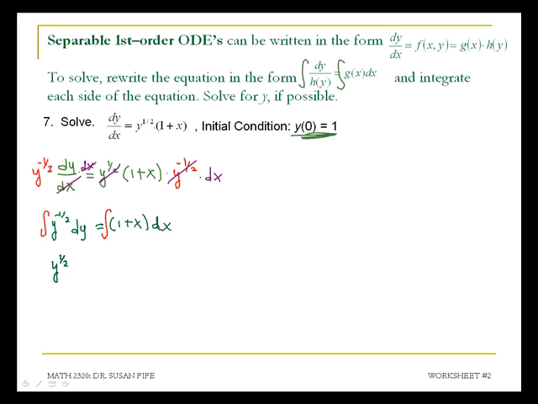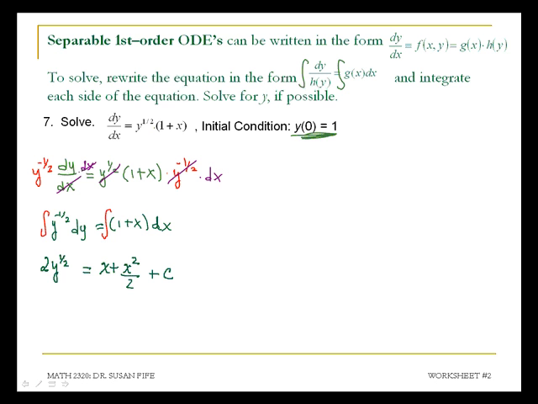That'll give you a positive 1/2 as a power, and then divide by 1/2, which is the same as multiplying by 2. And I'll put my constant of integration on the right side. The right side, when I integrate 1 plus x, I'm going to get x plus x squared over 2, and then plus the constant of integration.